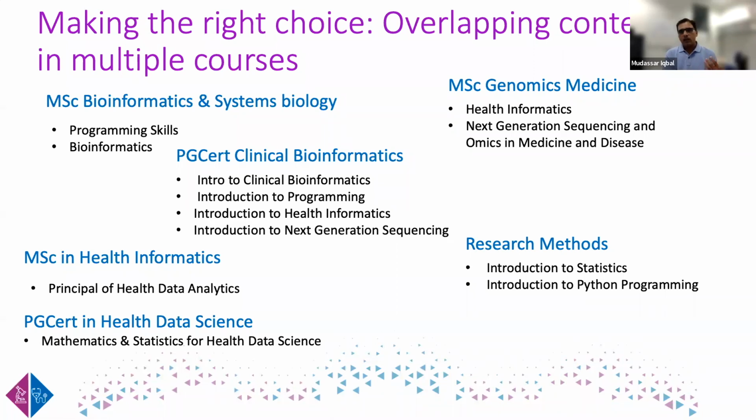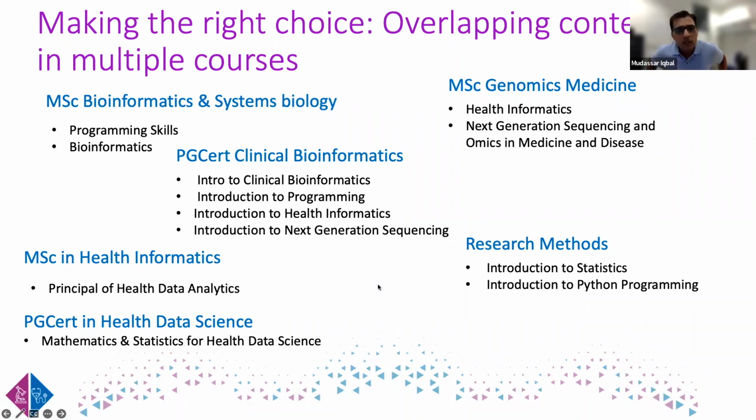Statistics and maths topics are in quite a few modules. Introduction to statistics is a very basic one, but in the PG Cert in health data science you have quite a bit of maths and stats, but also experimental design, which I think we forgot to add here. So you basically compare those three to decide.